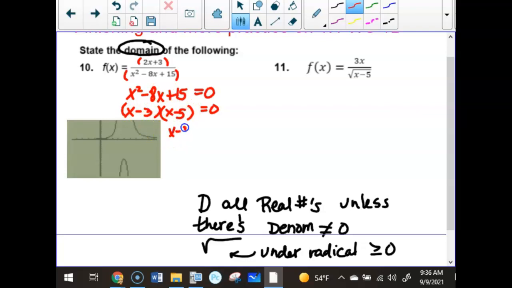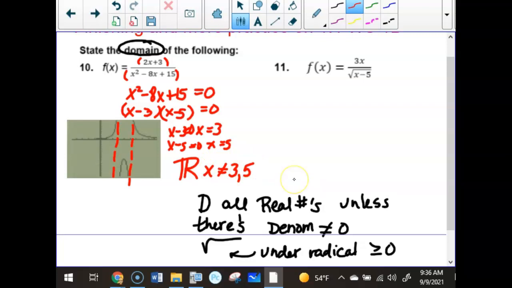So if we set each one equal to 0, oh, I lost my work there. The two values would be 3 over here and 5 over here that are causing a break in the graph. So the domain could be all real numbers except x cannot equal 3 or 5. There's a painful way to write that in interval notation, but since I didn't put that on the quiz tomorrow, I'm just going to leave it like that, okay?